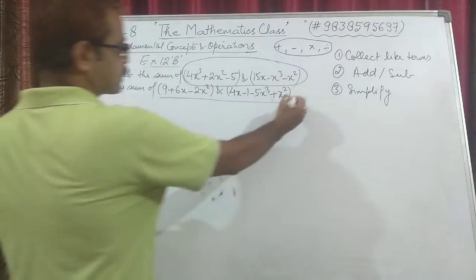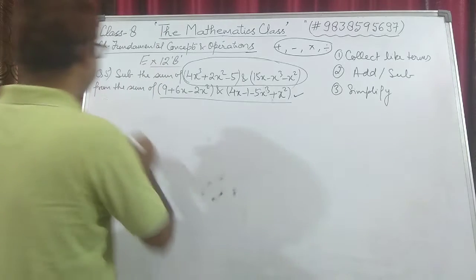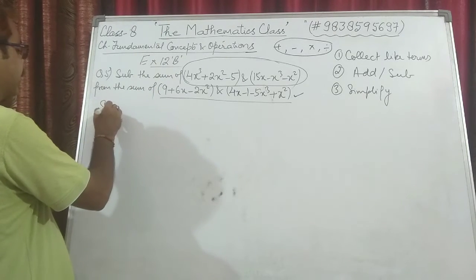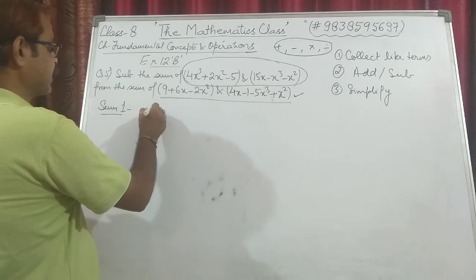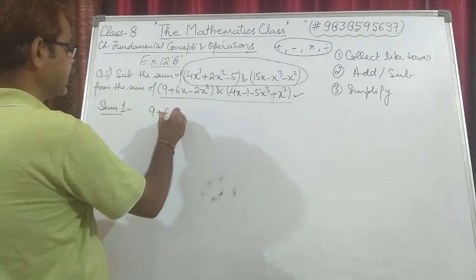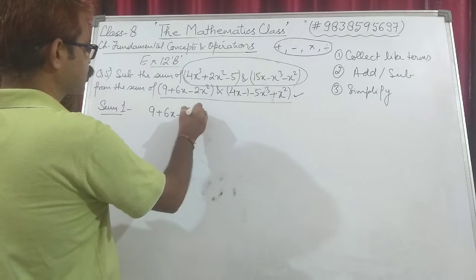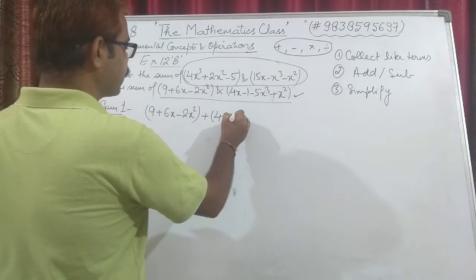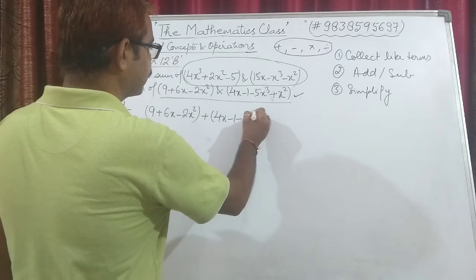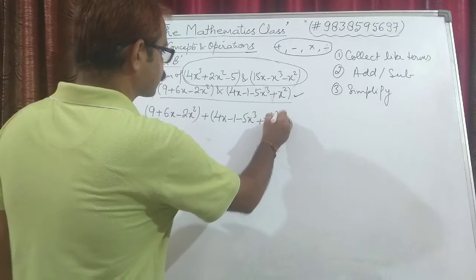So let us take the sum of this as sum 1. I am writing sum 1. Sum 1 is 9 plus 6x minus 2x square, and 4x minus 1 minus 5x cube plus x square.